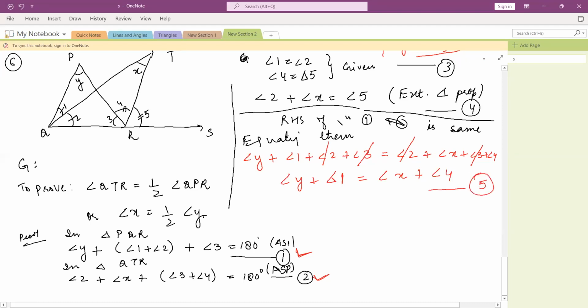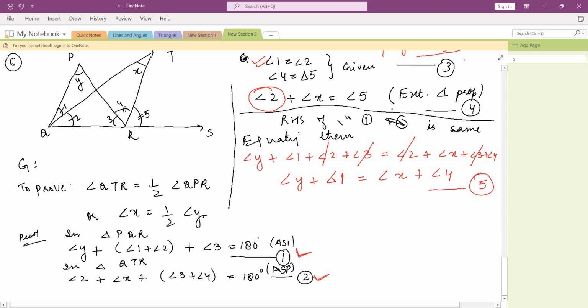Now we will use this information, equation 3 and 4, which we have seen here. Can we rewrite equation number 4? You can see angle 2 is equal to angle 1, given. Yes, Mridula. See, angle 1 is equal to angle 2.